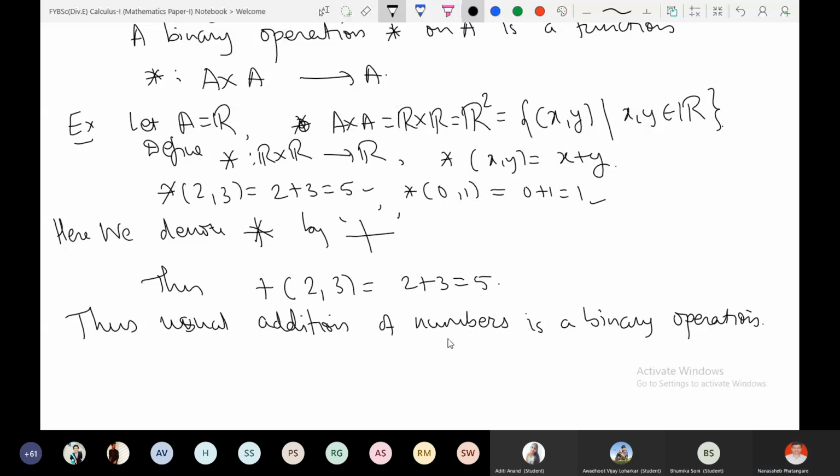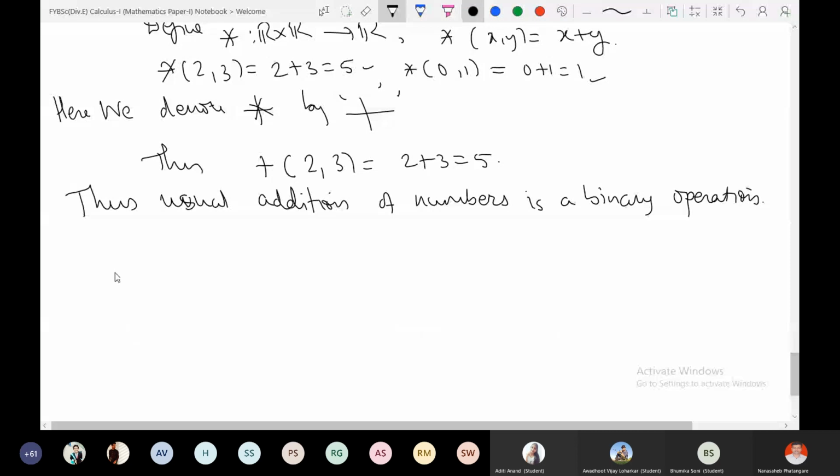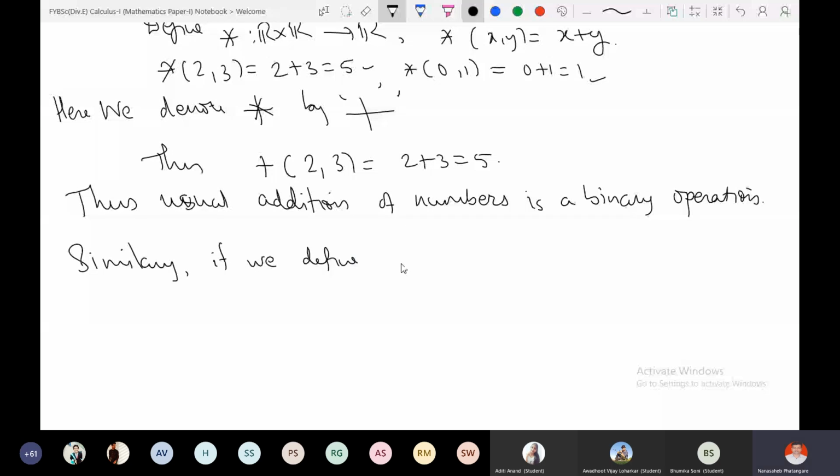Similarly, if we define the dot from R cross R to R by dot of (x, y) equal to x dot y, what is this?